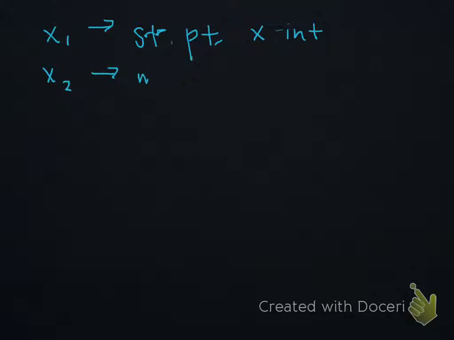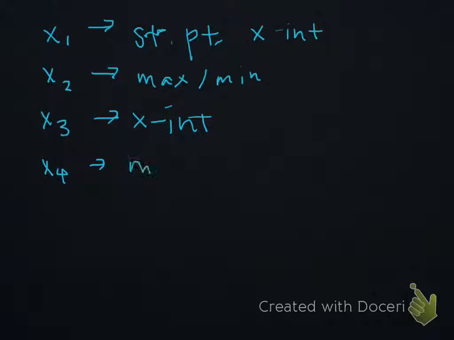Your second value is either a max or a min, and that is based on the amplitude value. Your x3 value is an intercept. Your x4 value is a min or max, and again, this is based off of your amplitude. That's how you know if you're going to a max or a min first. And x5, you finish on an x-intercept.